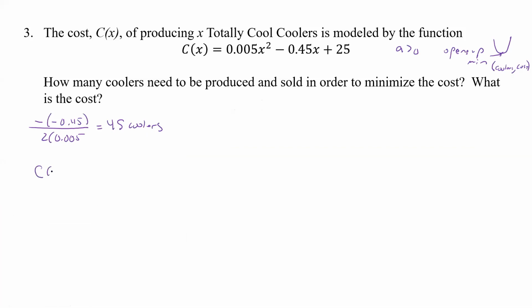So we need C of 45, which is equal to 0.005 times 45 squared minus 0.45 times 45 plus 25. And so now we need to go back and plug all that into our calculator.